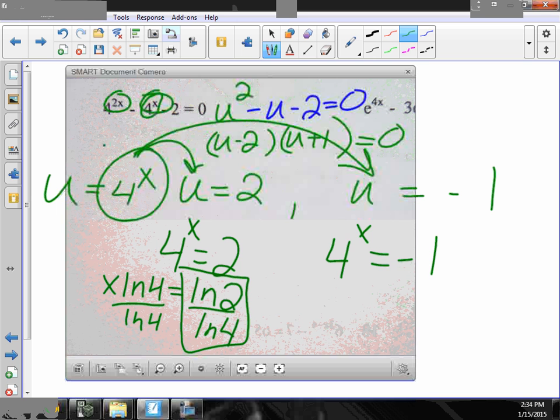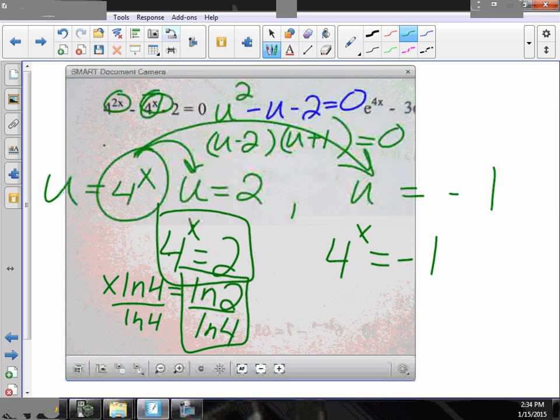Log base 4 of 2. 4 to what power is 2? The 1/2, the square root, right? Which you could have figured out from here. 4 to what power is 2? 1/2. Or, if you don't know that, just plug in ln 2 over ln 4 and you get 1/2.